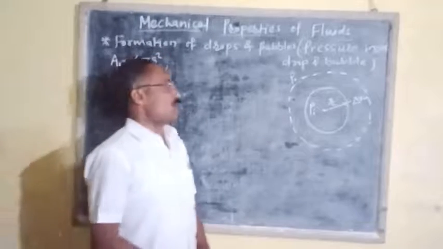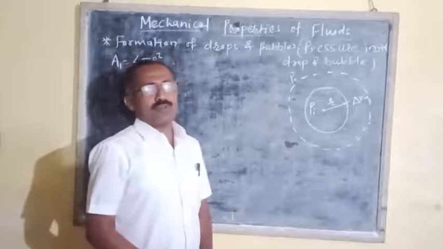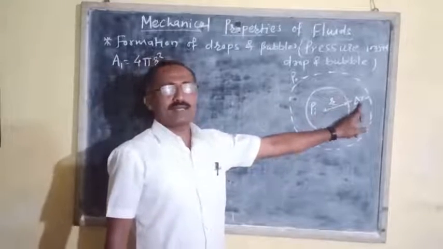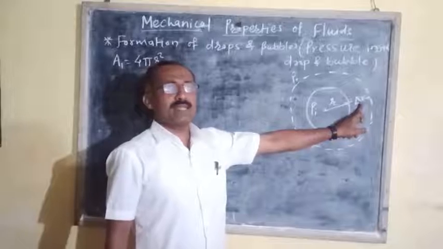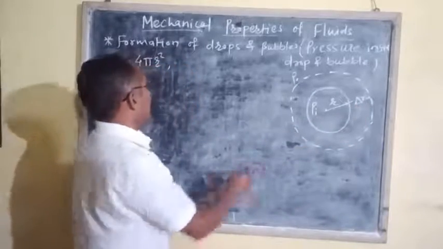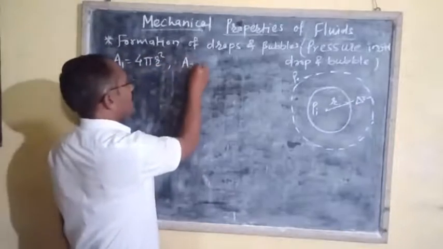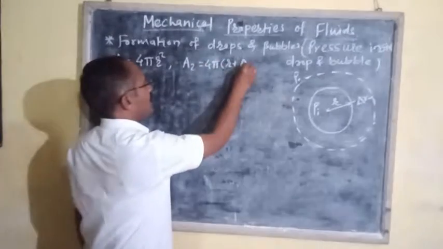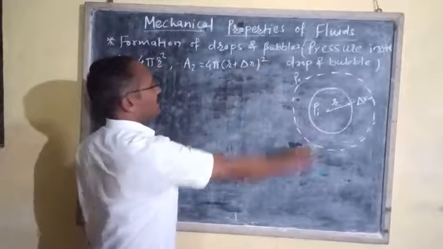As the radius of the liquid drop increases from r to r plus delta r, its final area will be given by A2 is equal to 4 pi (r plus delta r) whole square.